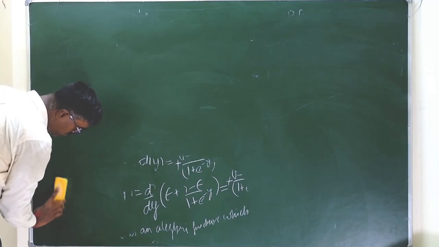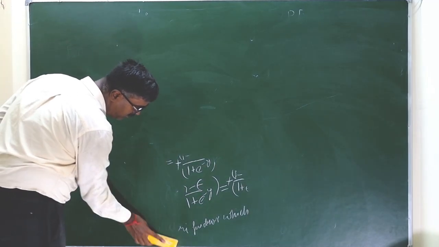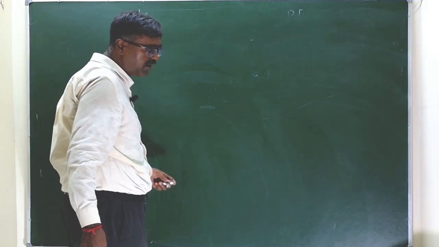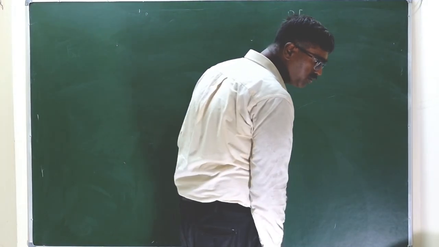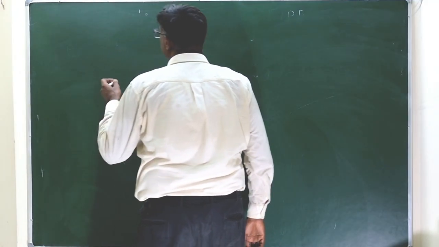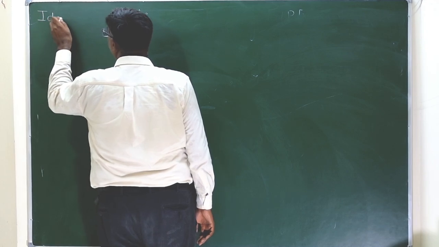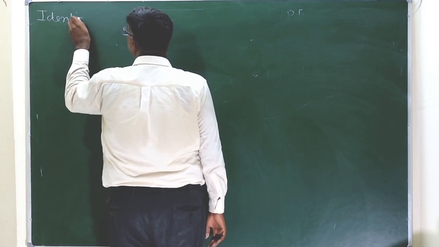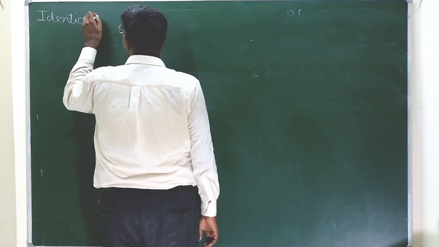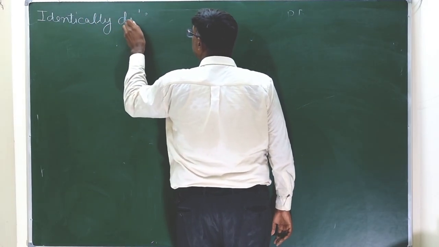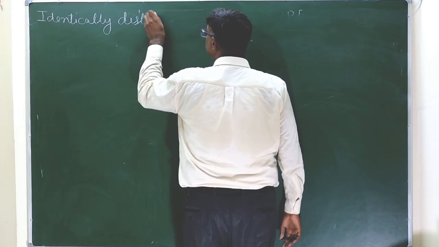We will give you a definition, and we will see how a contradiction can also happen. So we are now discussing identically distributed random variables.